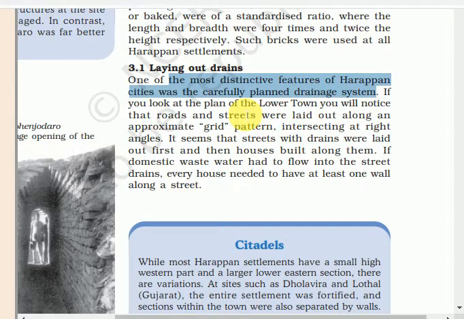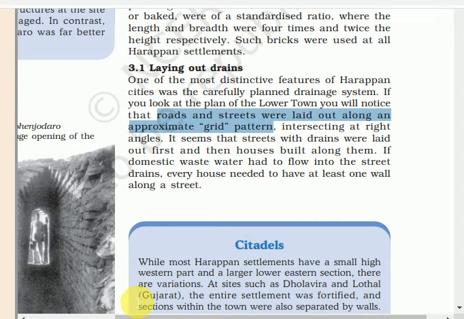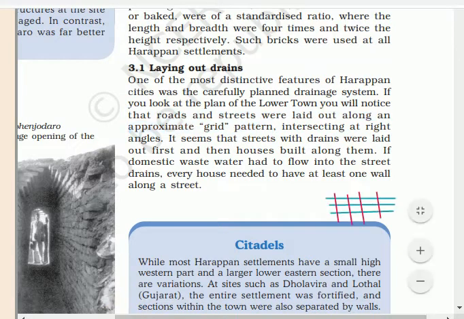When archaeologists excavated the sites of the cities, they noticed that roads and streets were laid out along an approximately grid pattern. So what is a grid pattern? Grid pattern is like this.